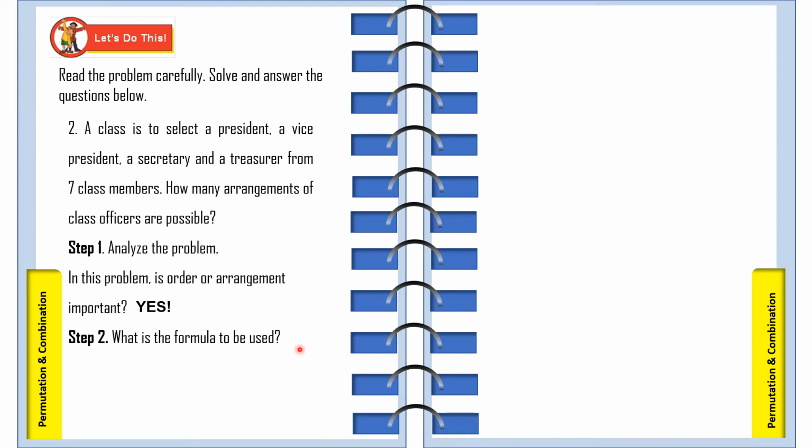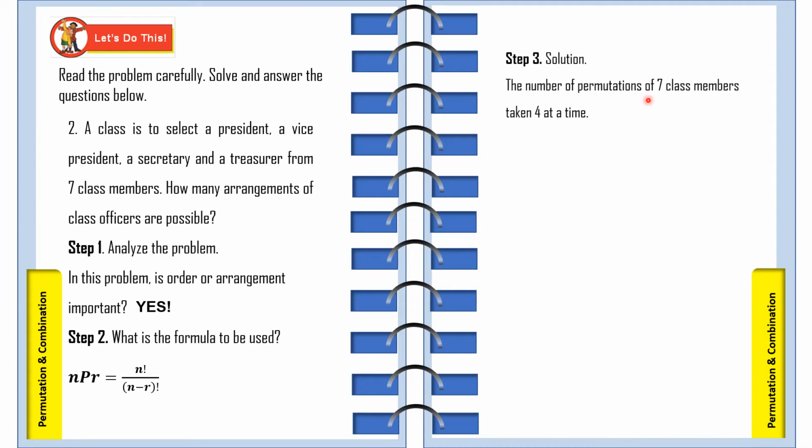Okay, so what is the formula to be used? We're going to use the formula for permutation, that is nPr is equal to n factorial all over the quantity n minus r factorial. And for our step 3, we're going to start our solution. First is to identify the number of permutations of 7 class members taken 4 at a time.